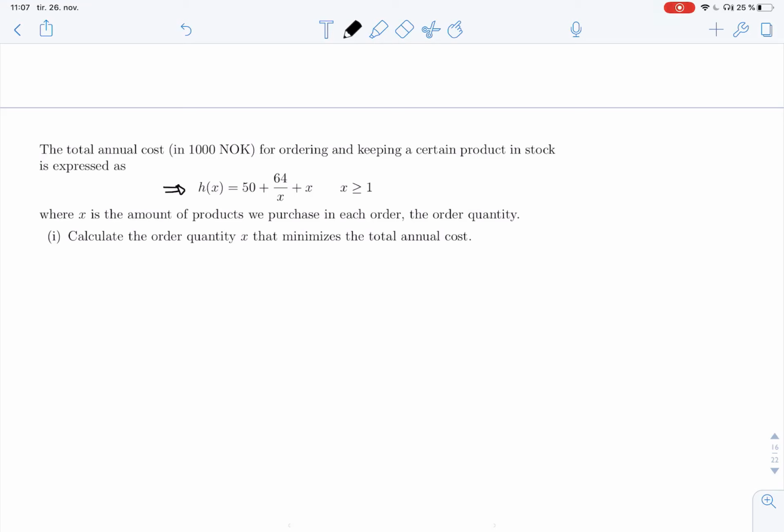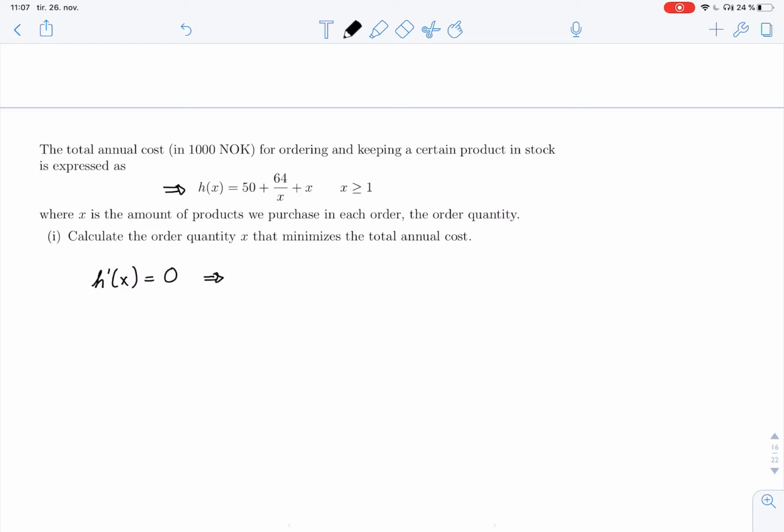We want to calculate the order quantity x that minimizes the total annual cost. If you want it to be minimized, we need to find the derivative. The first derivative needs to be 0 in order for it to be a minimum or maximum.